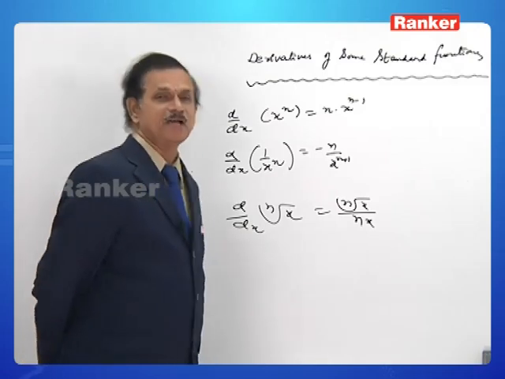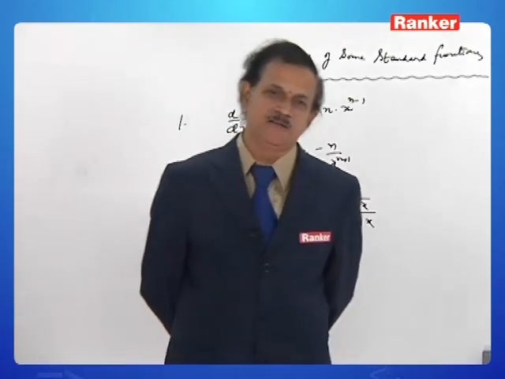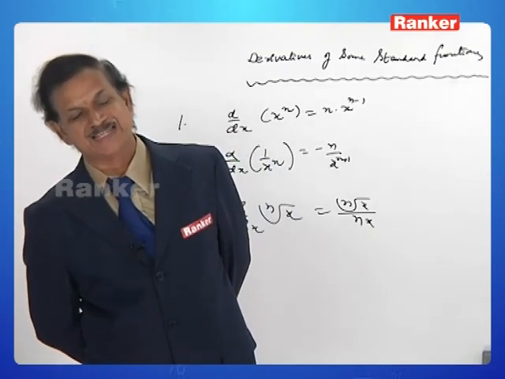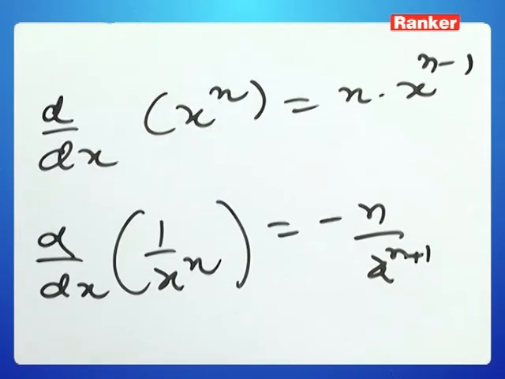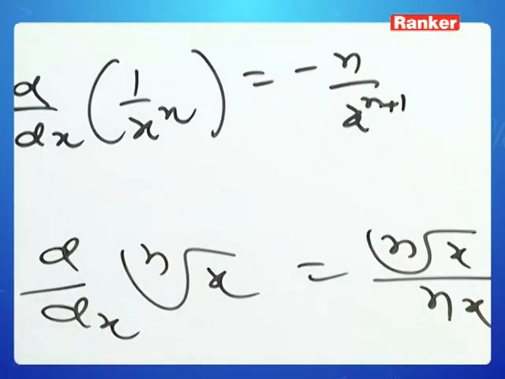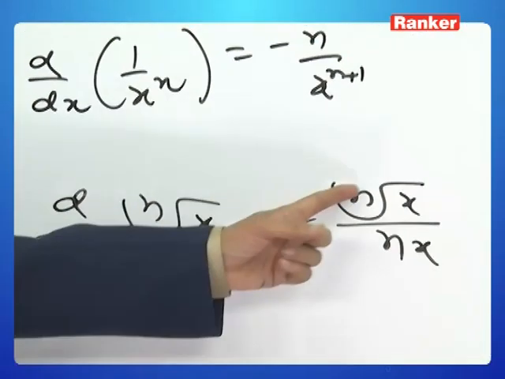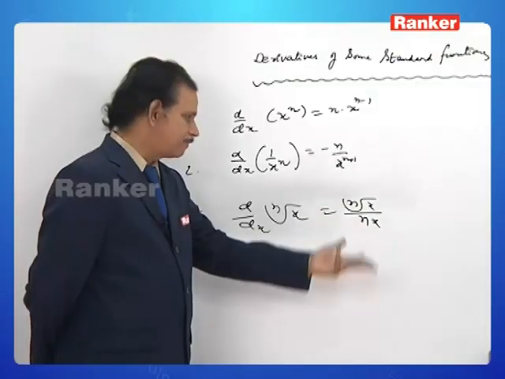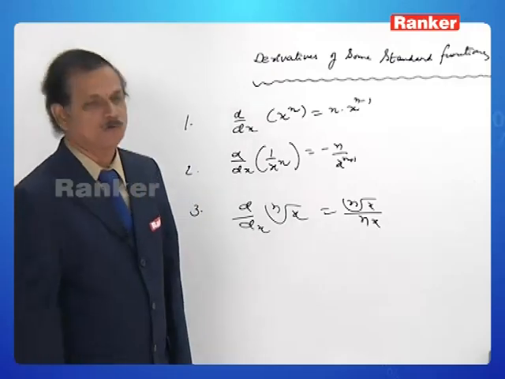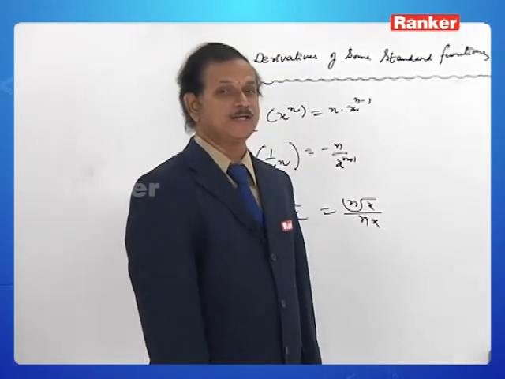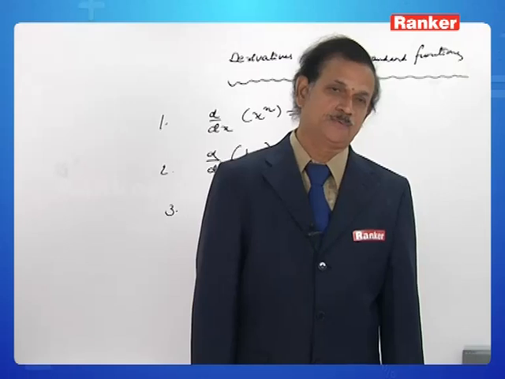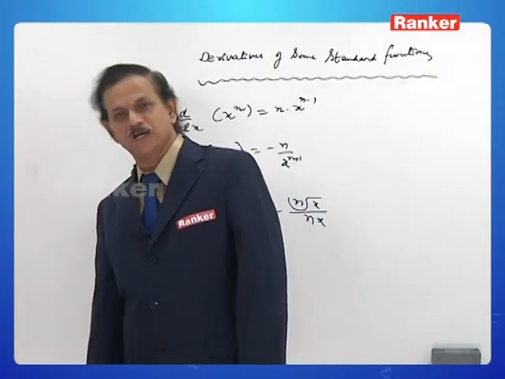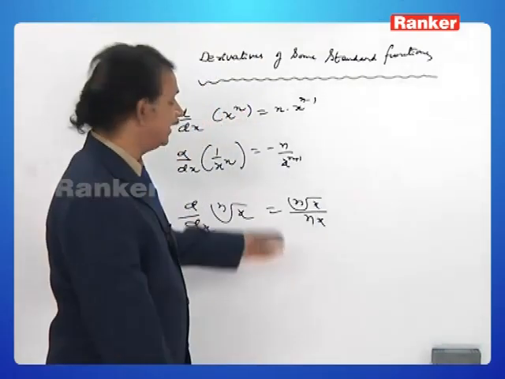But you see, so many of us are very familiar with the answer that derivative of root x is 1 by 2 root x. Is it correct? How and why? It's very simple. It is evident. Square root of x means square root of x by 2x. Root x by x is root x by 2 root x, 1 by 2 root x is correct. Therefore, instead of remembering derivative of root x is 1 by 2 root x, you try to remember that derivative of nth root of x is nth root of x by nx.